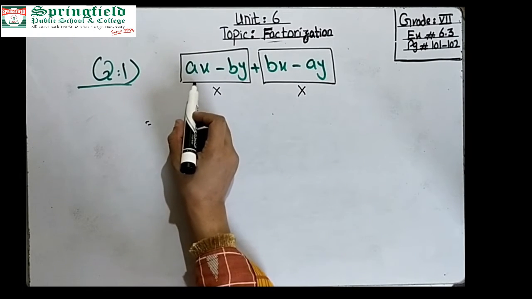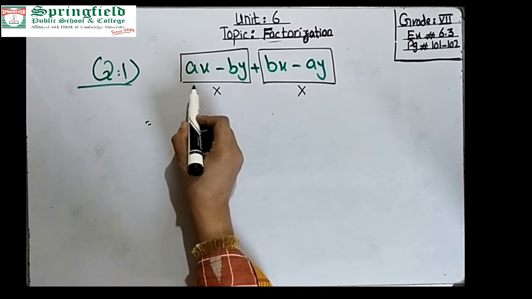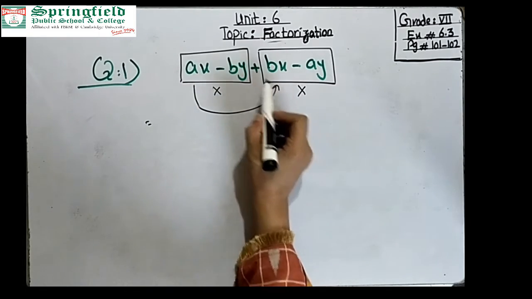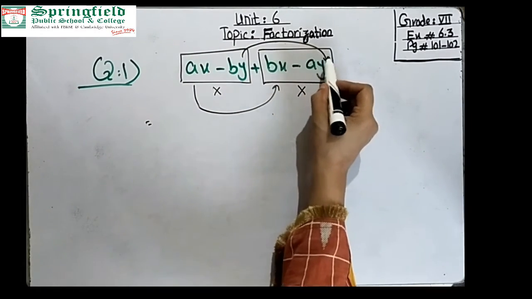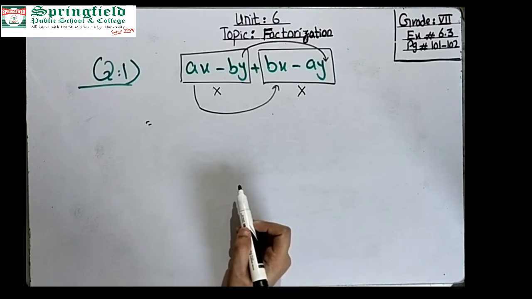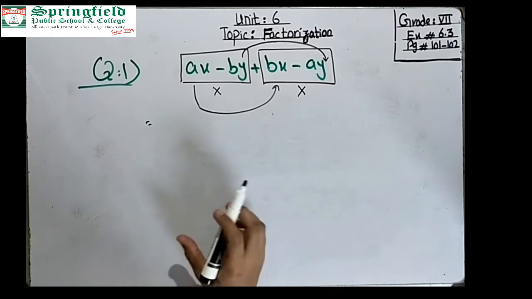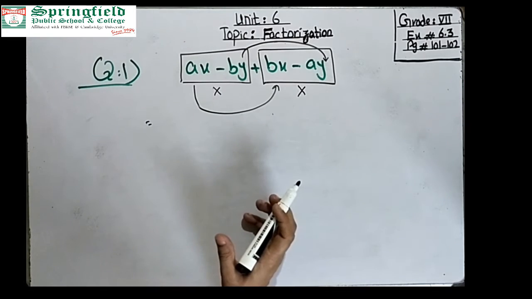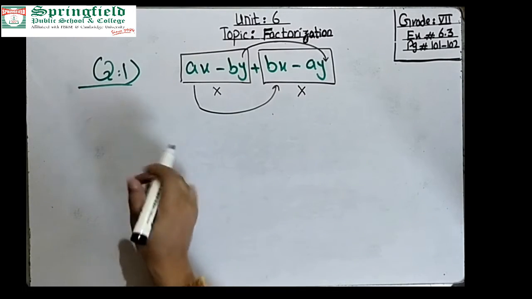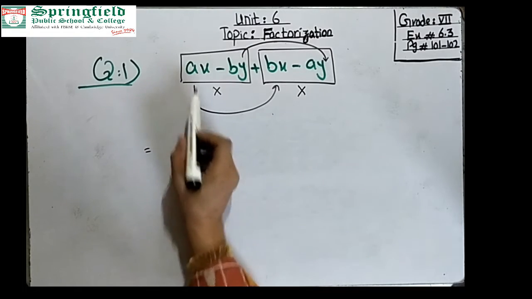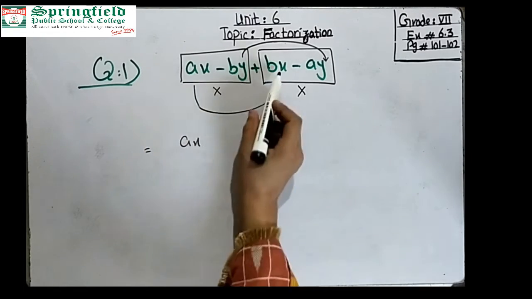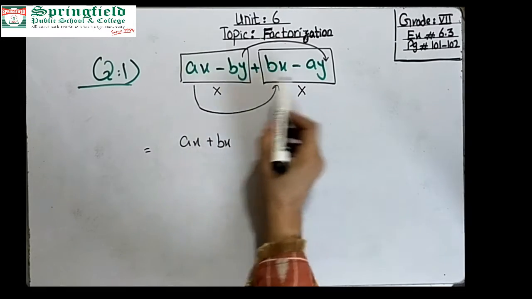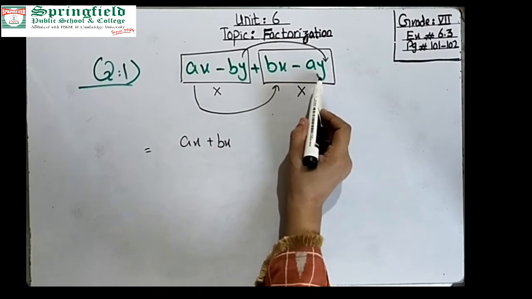As I told you, we can make the group of the 1st and 3rd term and the 2nd and 4th term. There are many other methods. You can make the group of the 1st and 4th term, and the 2nd and 3rd term.